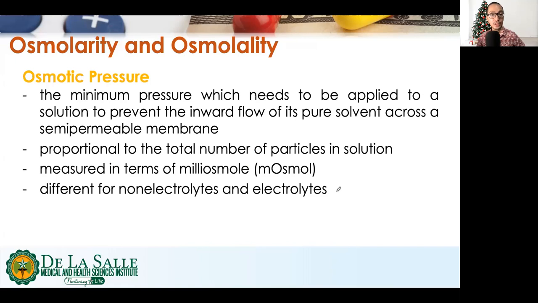And osmotic pressure can be measured in terms of milliosmoles or osmolarity. Okay, yeah. So osmolarity is actually your milliosmoles per liter. Okay, so the osmotic pressure is different for non-electrolytes and electrolytes just because of the fact that electrolytes dissociate in solution. Okay.